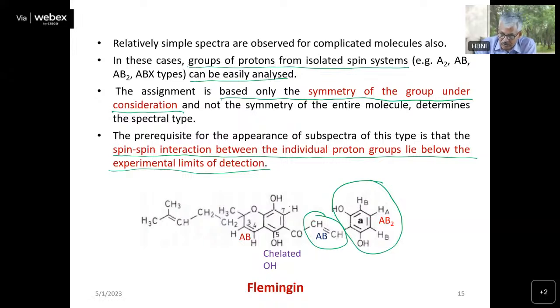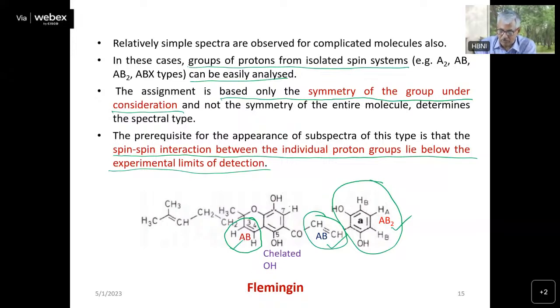You can see this portion of the molecule as a group too. As we analyze, this is an AB2 system, this is an AB system, and this is also an AB system. So that makes your spectra identification simple.